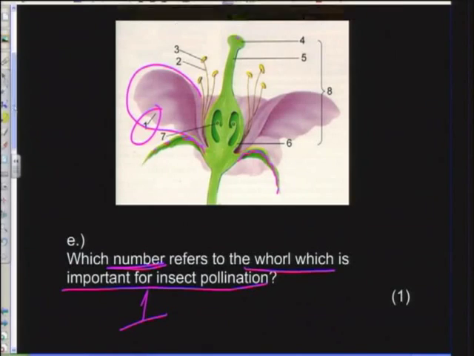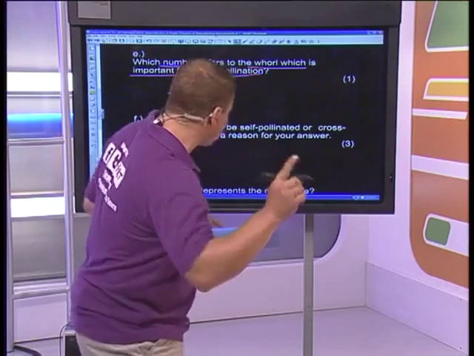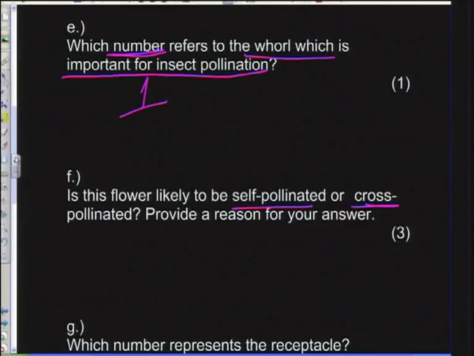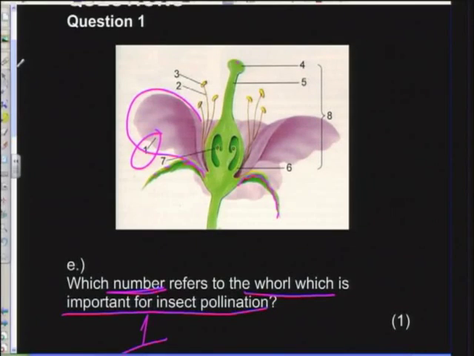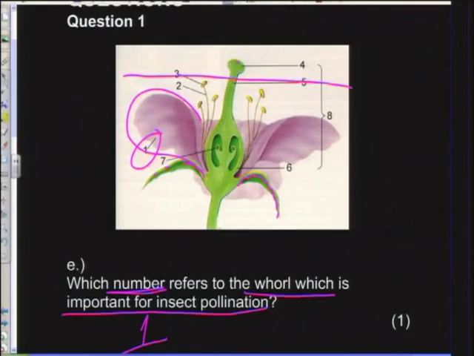Okay, next one. Is the flower likely to be self-pollinated or cross-pollinated? Now watch here. Self-pollinated or cross-pollinated, and provide a reason for your answer. Now, what I'm going to do is, all the way up, have a look at that. This is the important part. Remember the levels I told you. There it is. Now, if this stuff falls off, where's it going to fall into? It's going to fall into the inside of the flower. Is it going to help?